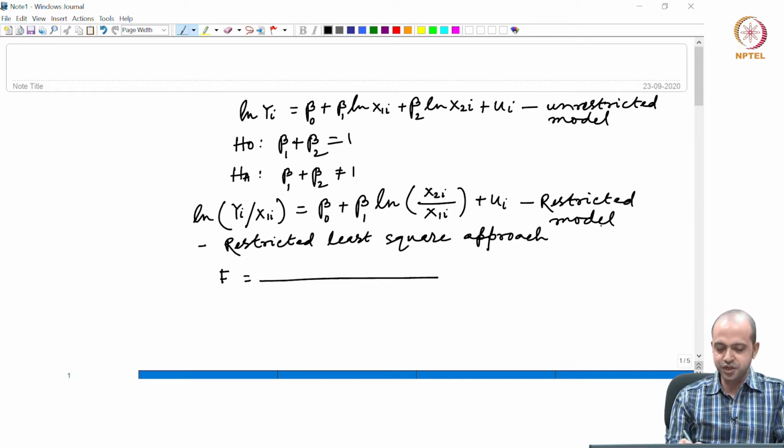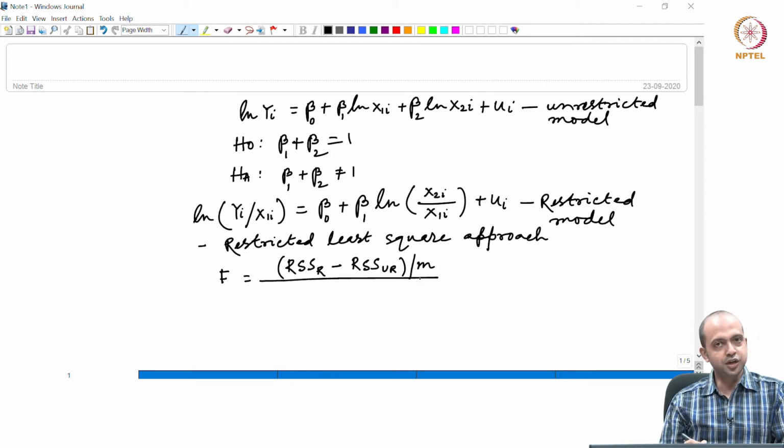Then our F statistic will become RSS restricted minus RSS unrestricted, divided by M. What is M here? M is the number of linear restrictions.